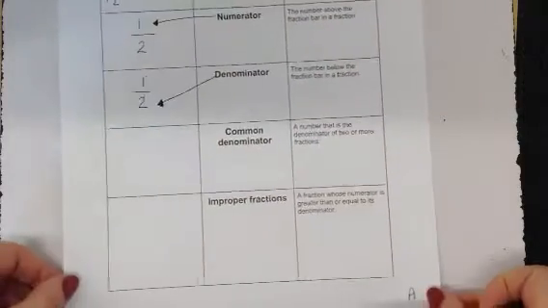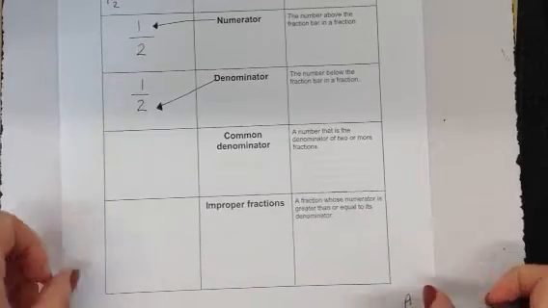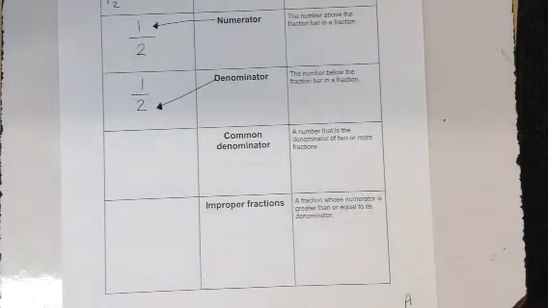Okay, I'm going to slide my paper up. Next, we're going on to common denominator, and you should know what a common denominator is from when you were adding and subtracting fractions, because you needed to find a common denominator in order to add or subtract your fractions. So a common denominator is a number that is in the denominator of more than one fraction.